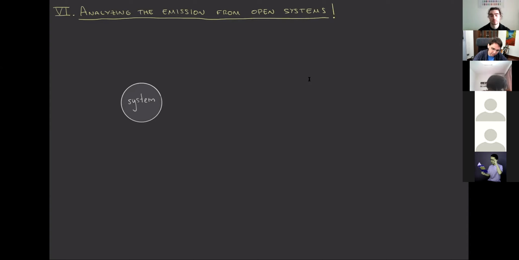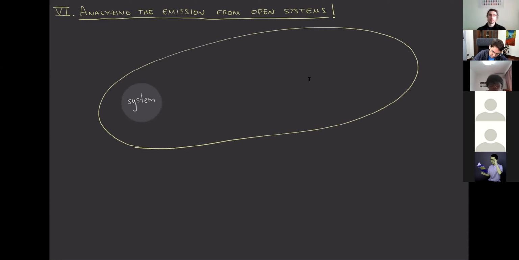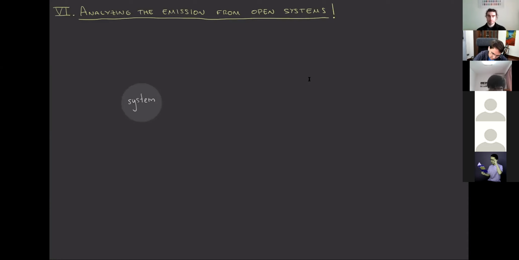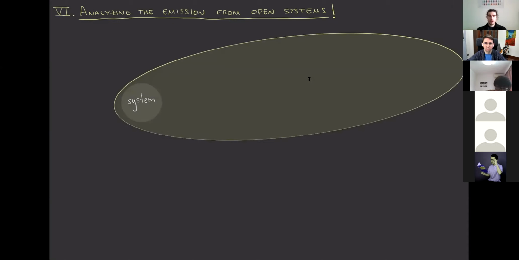And this cavity or atom is not perfectly closed, but open, and embedded in some kind of environment. So this is just what we have discussed.